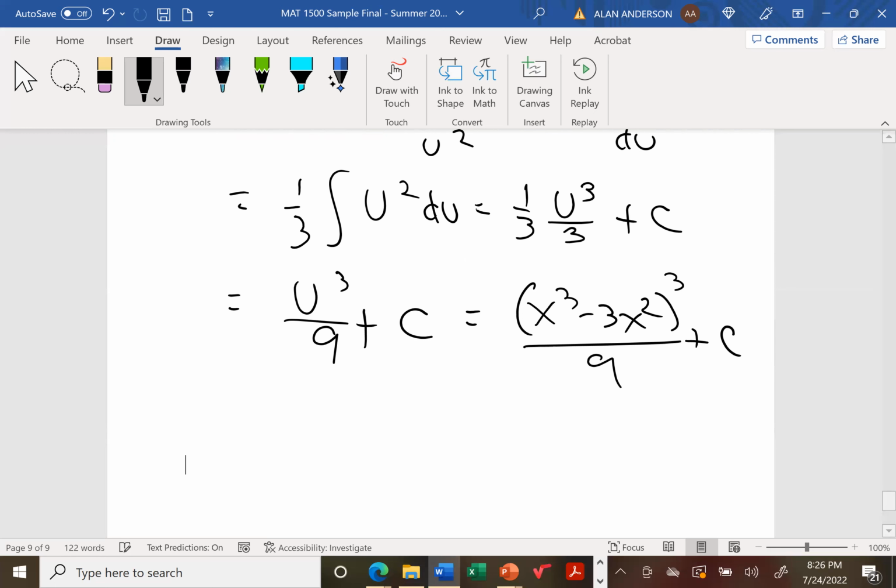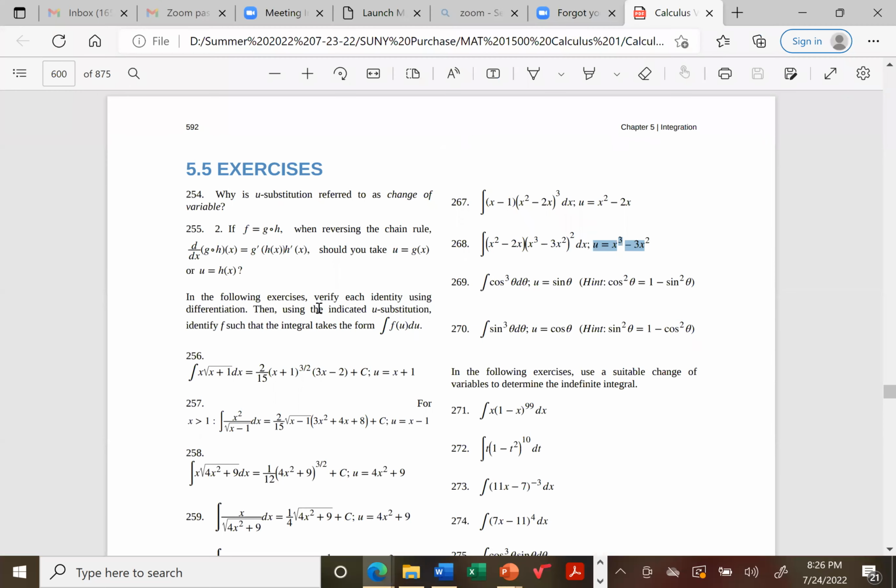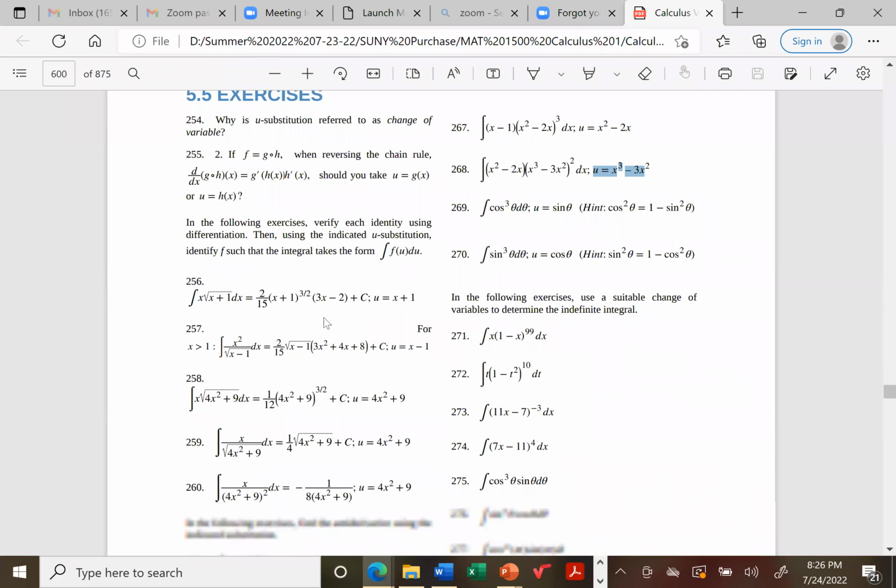Now, 276 is very, very similar to this. It's u substitution. And again, for some reason, they felt the need to help us out by telling us what to do. Oh, actually, I think this is the case.